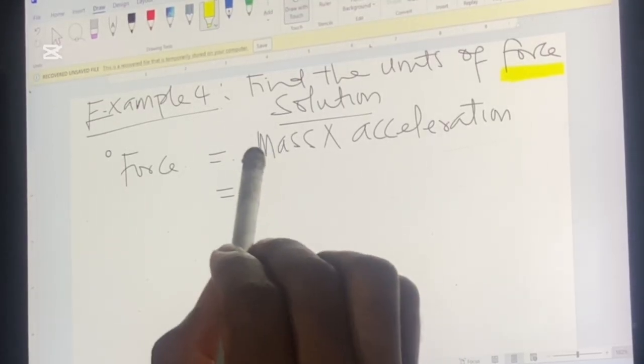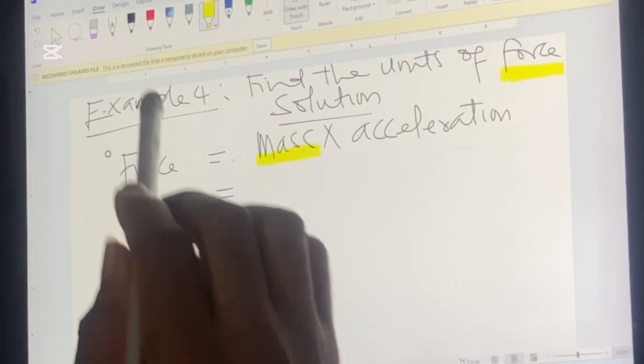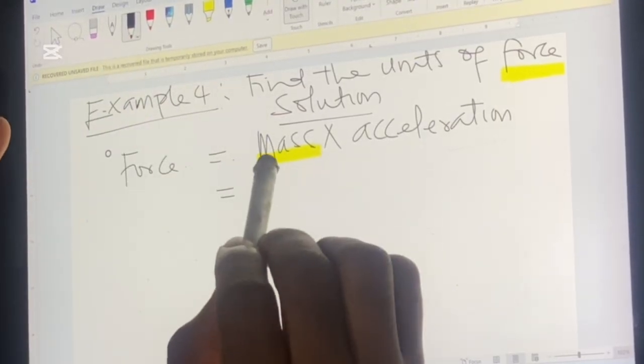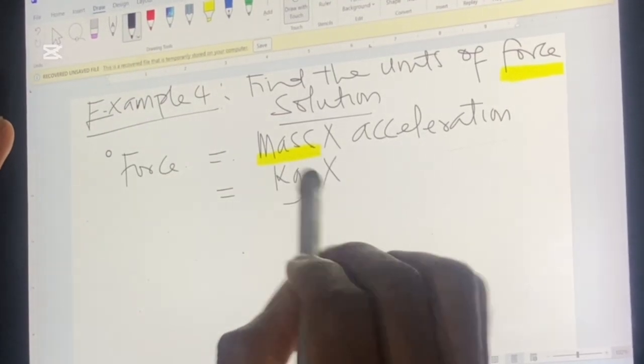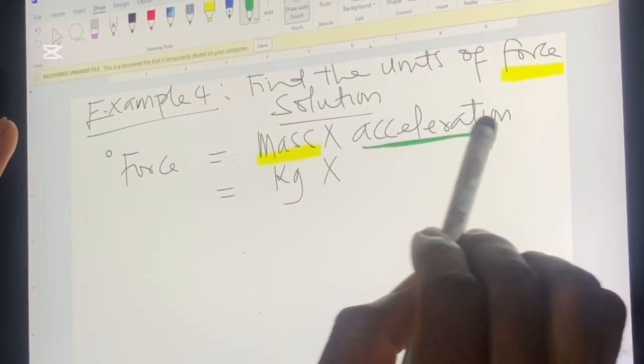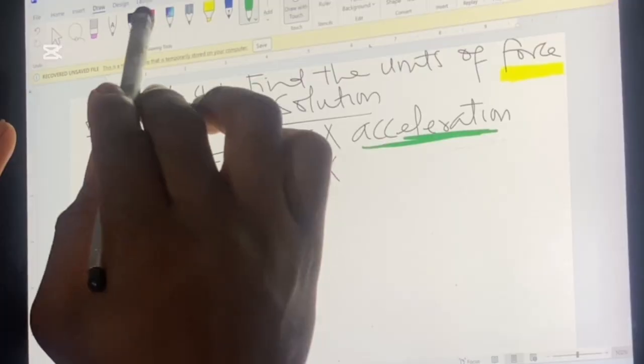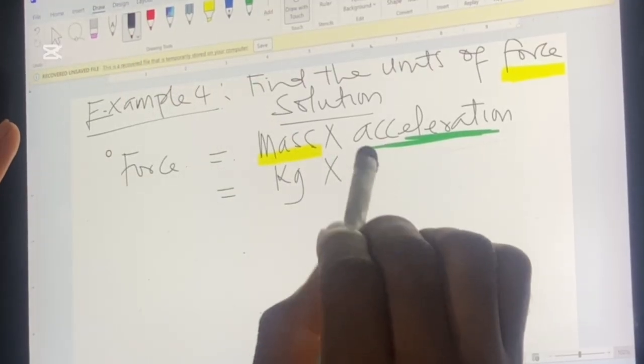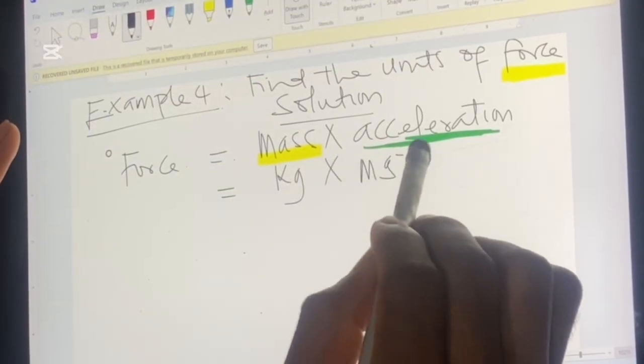Of course, mass is already in its fundamental quantity, and the unit is kg. Acceleration, we know this one already, and the unit is meter per second square. Please take note.